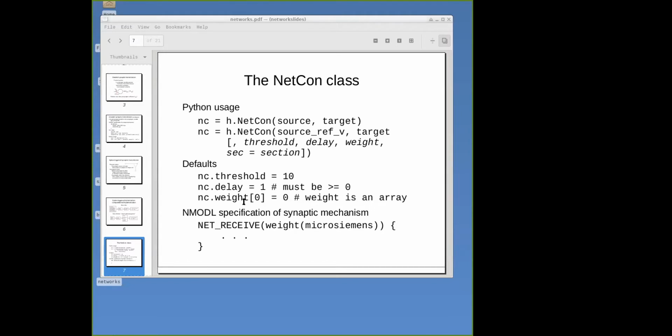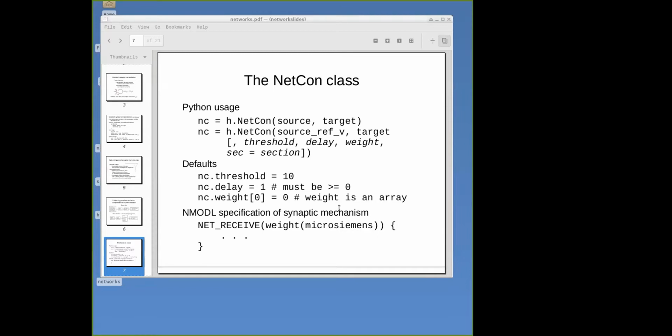And by default, weight is 0. So when you first set up a network connection using a netcon, one of the things you need to do for that to have an effect on its target is to make sure that your weight is greater than 0. Okay.